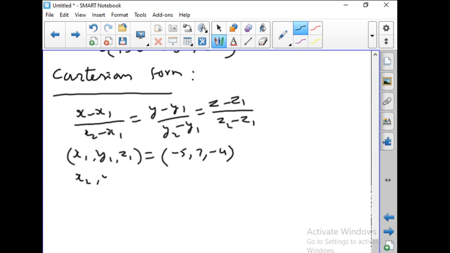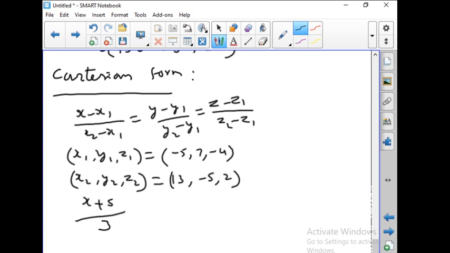And x2, y2, z2 is equal to 13, minus 5 and 2. So we have x minus of minus 5, so x plus 5 by x2 minus x1. x2 minus x1 we have taken already as 3, minus 2, 1.